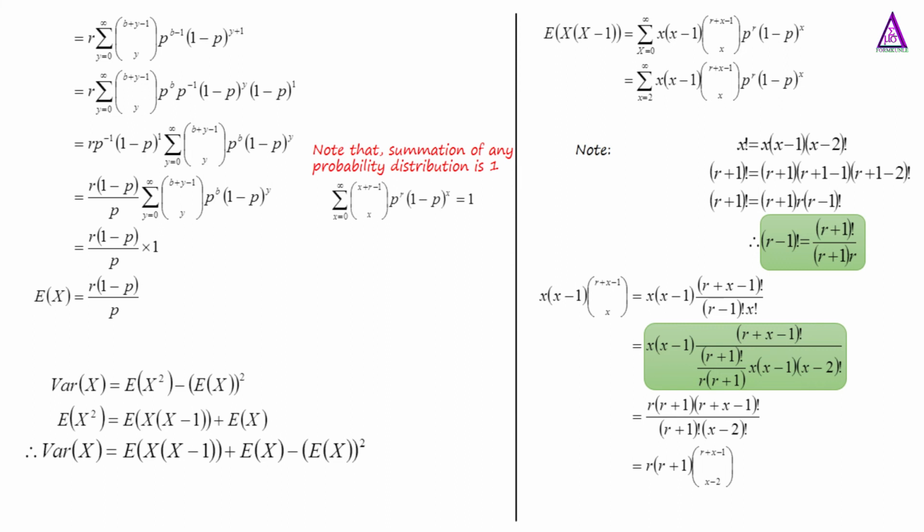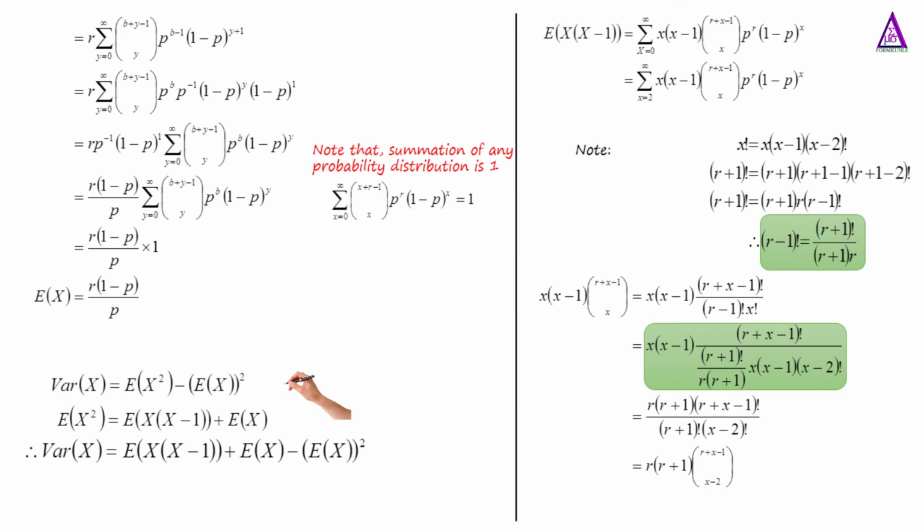Variance of the negative binomial. We know that the variance of x equals the expected value of x squared minus the bracket of the expected value of x, everything squared. And we can expand the expected value of x squared as the expected value of x into bracket x minus 1 plus the expected value of x.